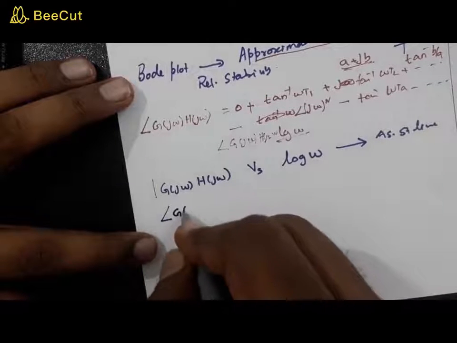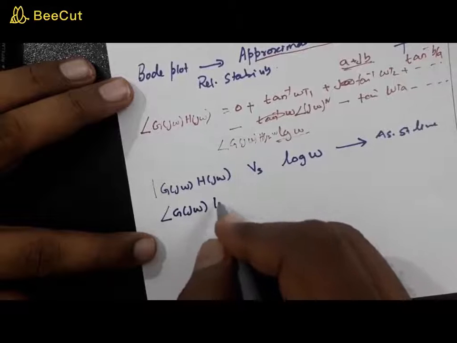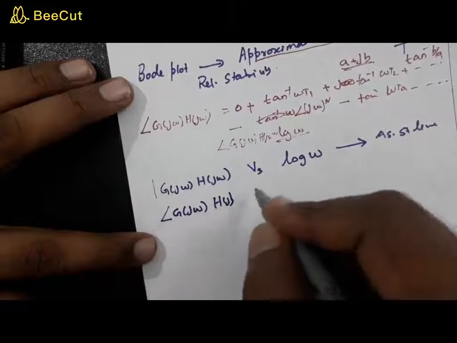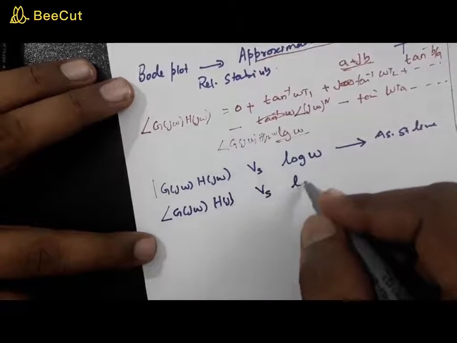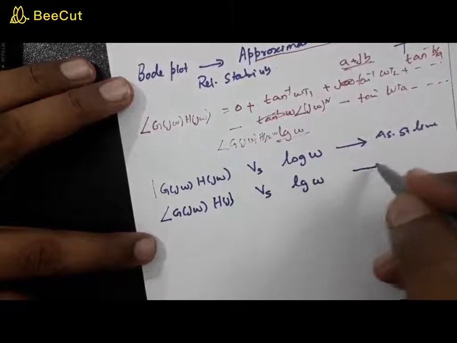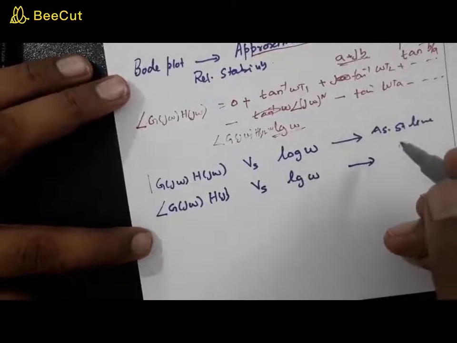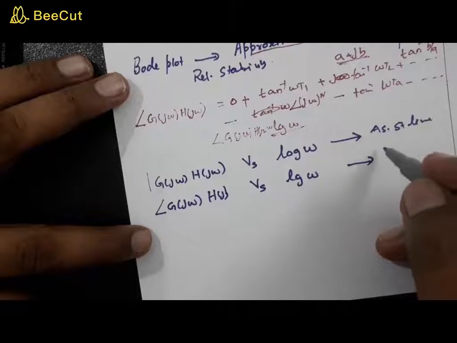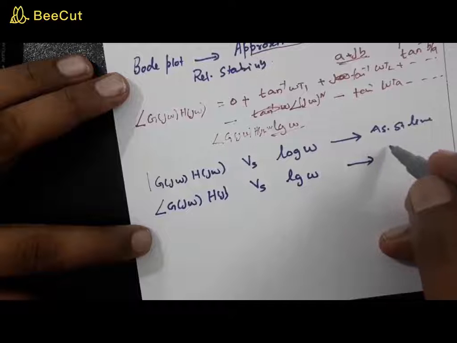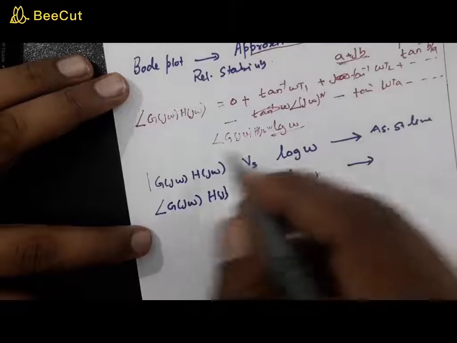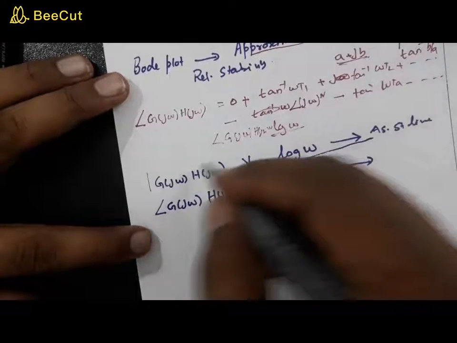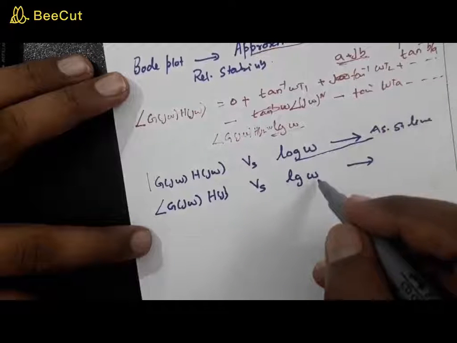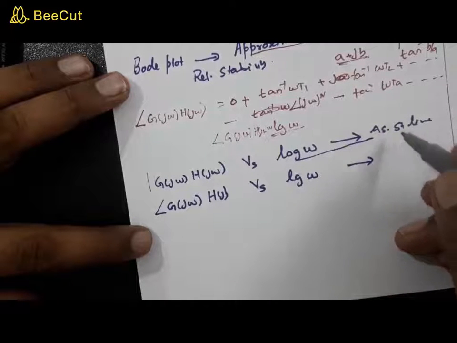While the phase, once you calculate it, will be plotted versus logarithmic ω, just as we plot in a normal graph, connecting each point freehand. The magnitude plot is not a freehand drawing, while the phase plot is a freehand drawing.